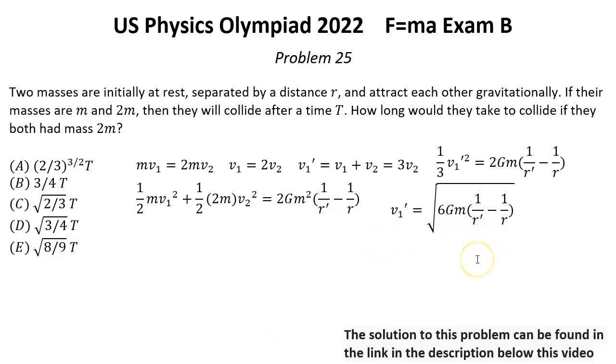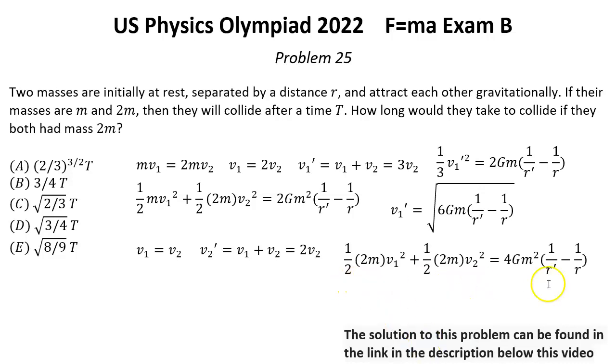Now let's see what happens if both masses have mass 2m. In that case, momentum conservation gives us v1 equal v2, relative speed equal 2 v2, and energy conservation gives this expression. Again, we can use expressions for v1 and v2 using v2 prime and find that v2 prime equal this expression.